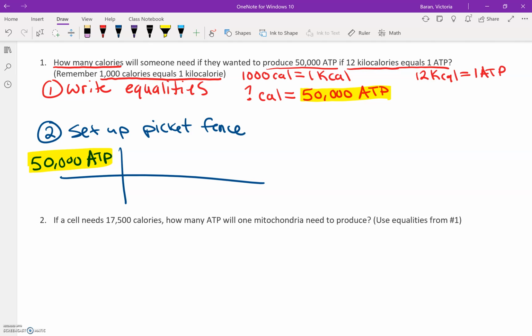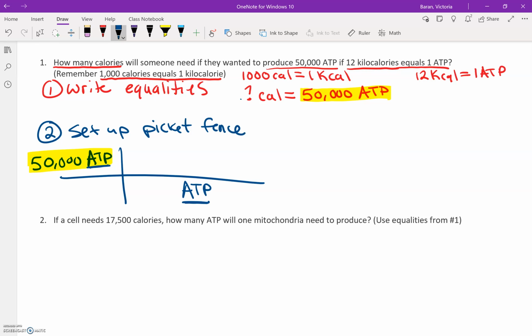Next, this is the step I always do. I have my unit here, which is ATP, and I know that the same unit is going to have to go in the bottom here. So whatever unit is here should be the same as the unit that is here. Now I'm going to look at my equalities.